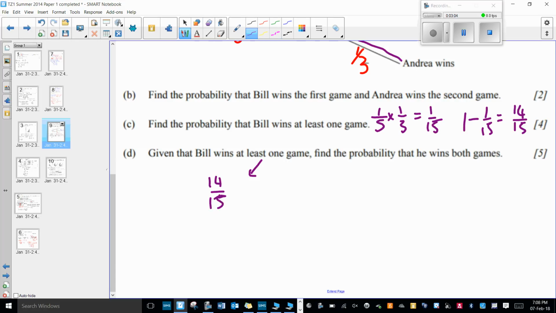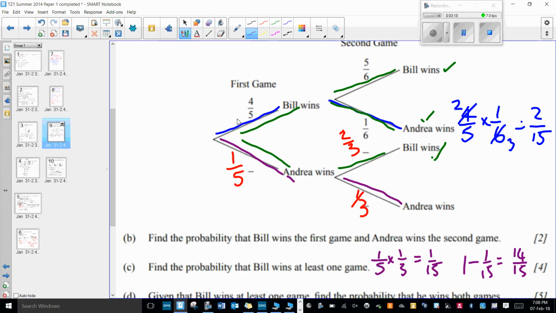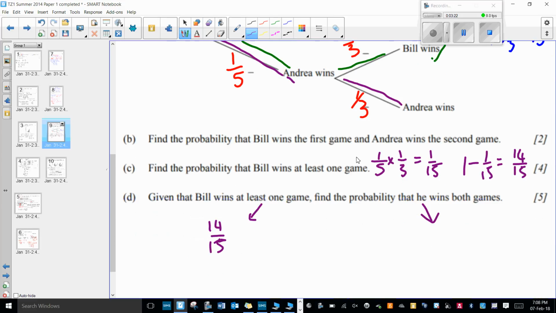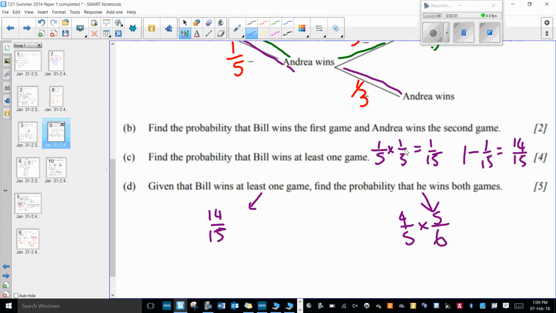So going back up to this diagram here, this is a win-win. So that's 4/5 multiplied by 5/6. Yeah, that's what it was. Again, I'm going to do some cancelling. So that's 1 and 1. That's 2, 3, which gives me 2/3.